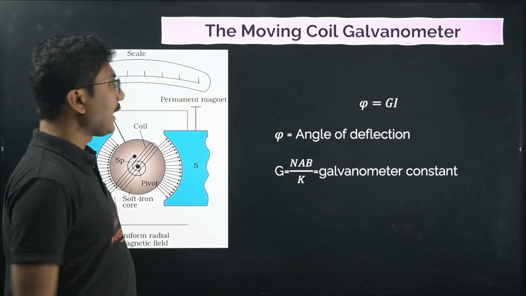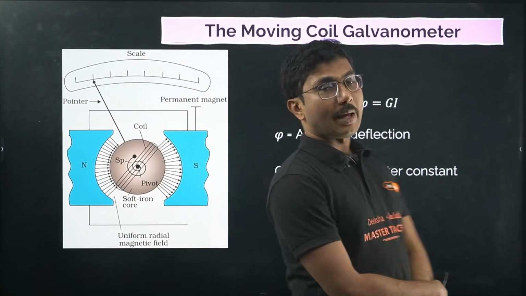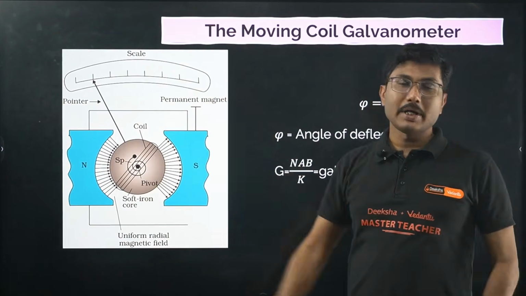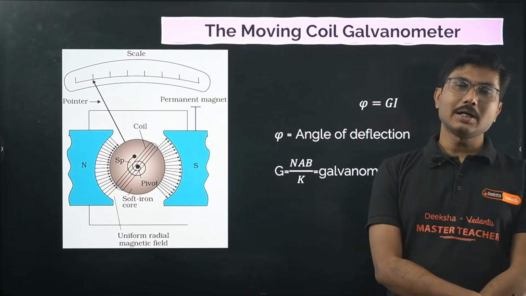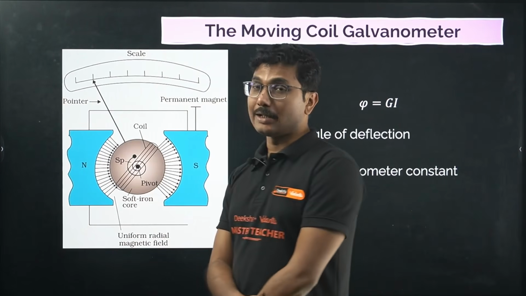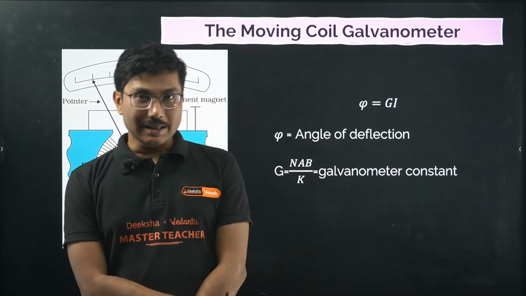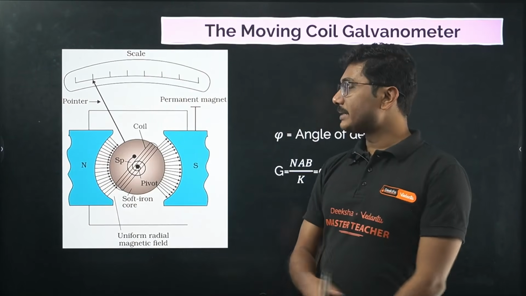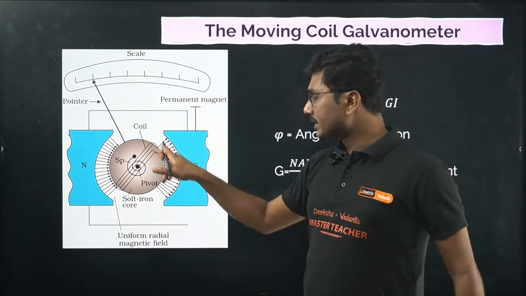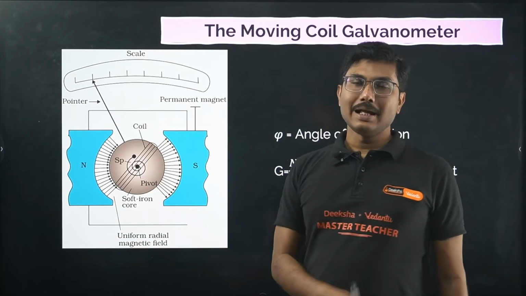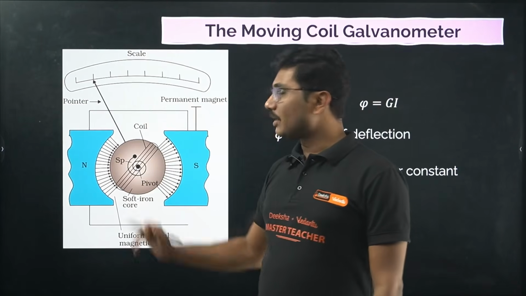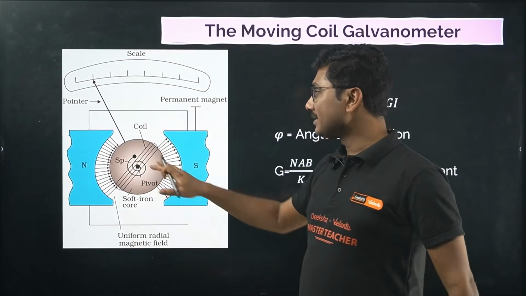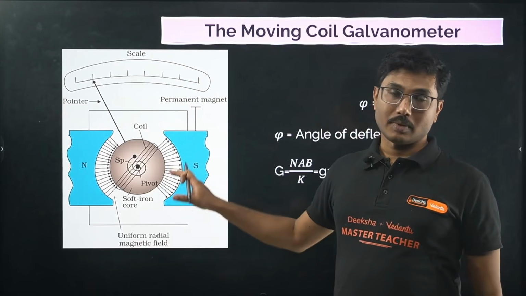Now, the moving coil galvanometer is basically an application of the previous concept, that is torque acting on a current carrying loop. So when a current carrying loop is placed in an external magnetic field, it experiences a torque, and if you apply the same concept and if you fix the loop with a spring, then that current carrying loop is basically behaving as a galvanometer.